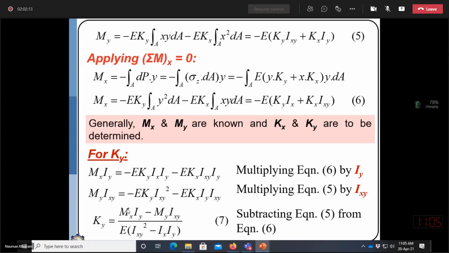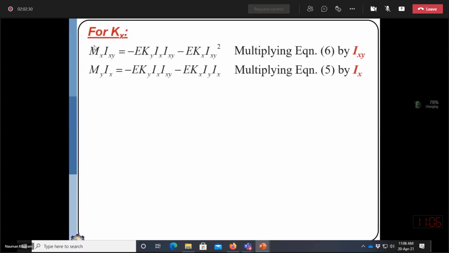If the moments Mx and My are given and the geometrical properties, the moments of inertia about the centroidal axes, are given, we can determine curvature about the y-axis. Similarly, we can determine the curvature kx. How can we determine it?